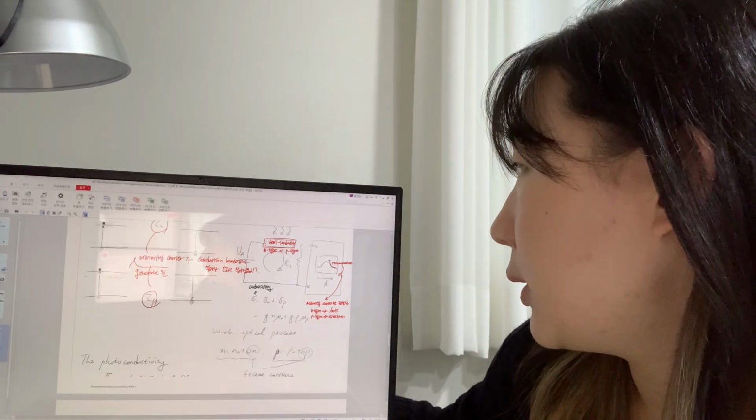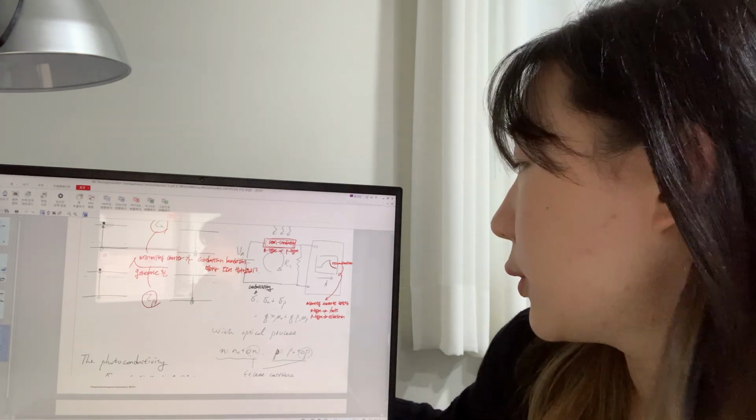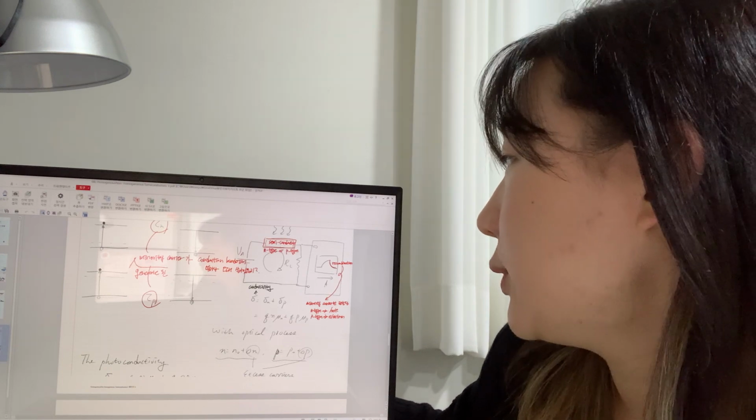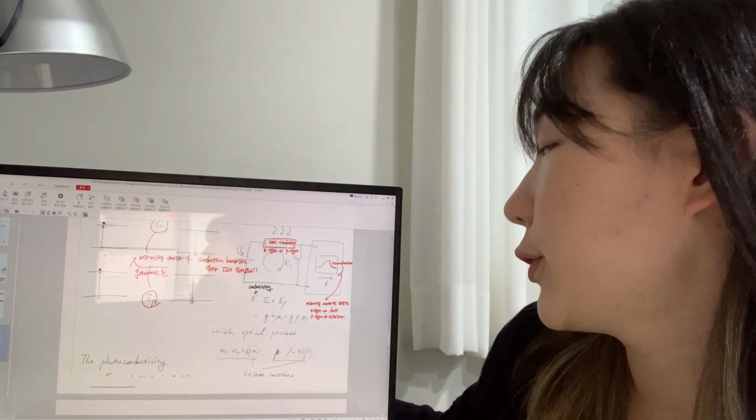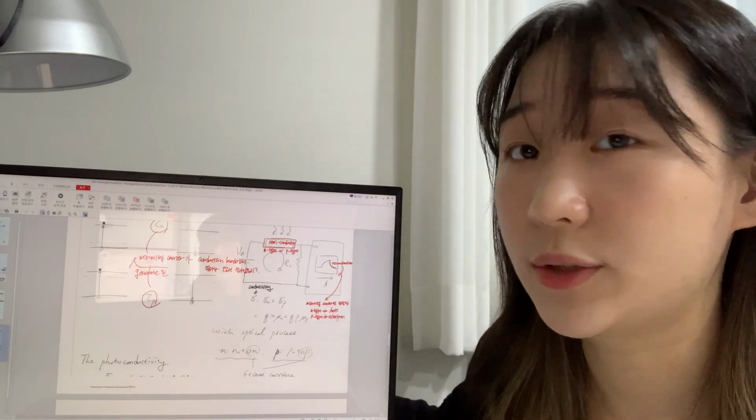If we put in an n-type semiconductor, we can observe holes, and if we put in a p-type semiconductor, we can see electrons, the recombination of electrons.